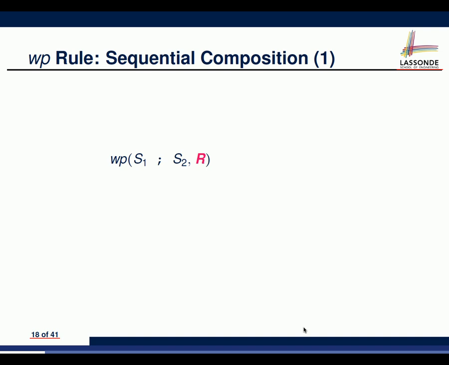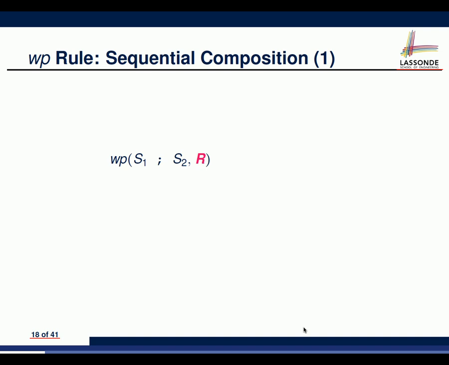Thinking this way, I have the following program. I want to execute S1 and then S2. Upon the termination of S2, I want to establish R. That's basically what I'm doing here. Now, without presenting to you the rule, let's think about how things will work.